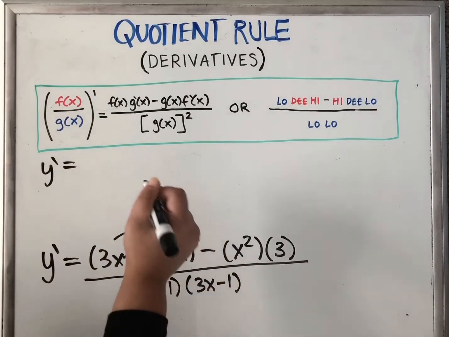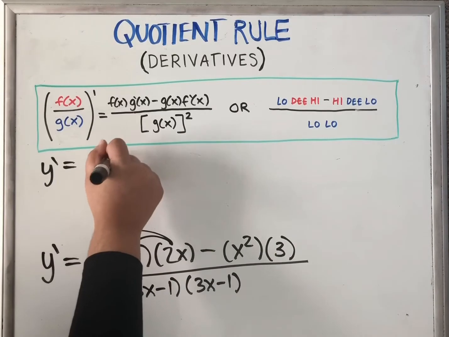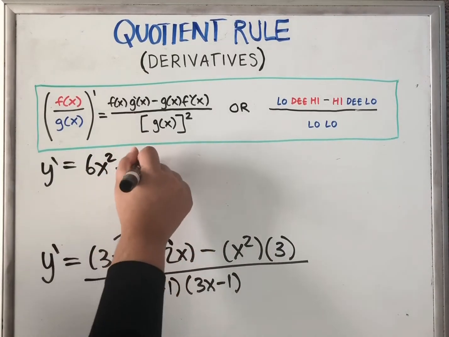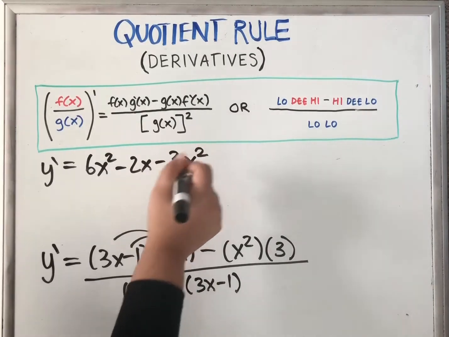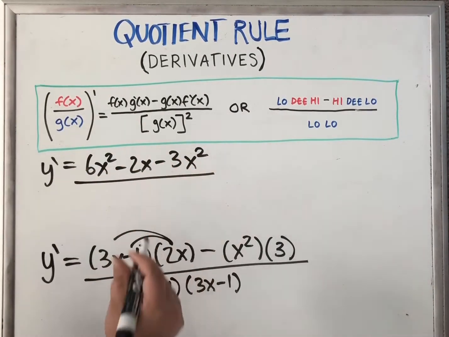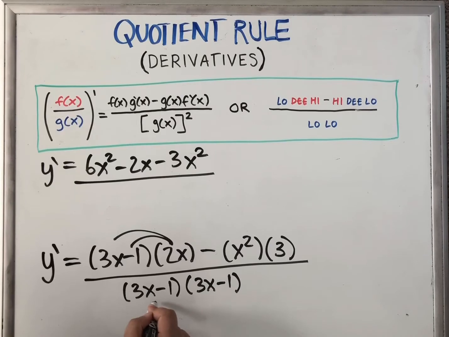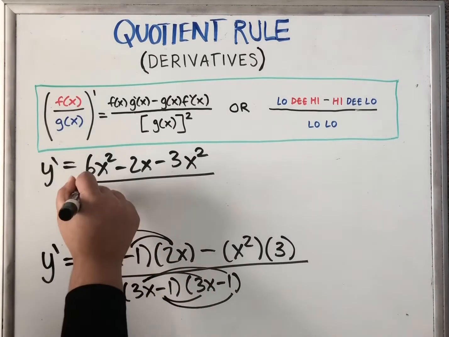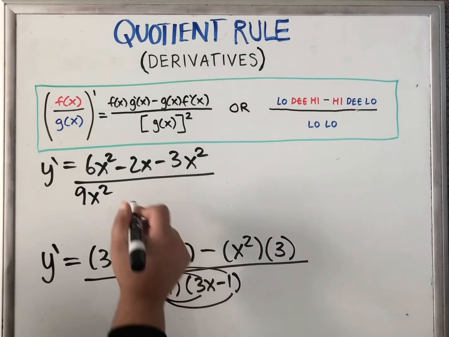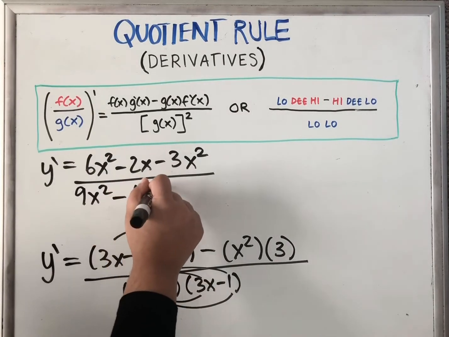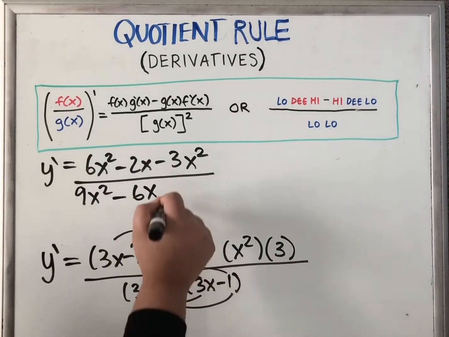We have a 6x squared minus a 2x, and then minus a 3x squared on the top, over, and then we distribute this one out the same way. We have a 3x times a 3x, which is 9x squared, minus a 3x minus another 3x, that's minus 6x, and then plus 1.